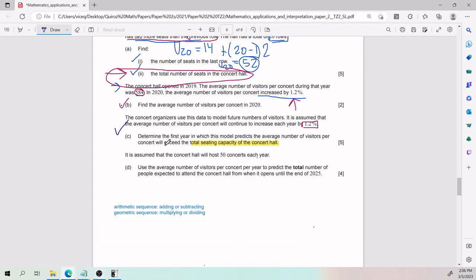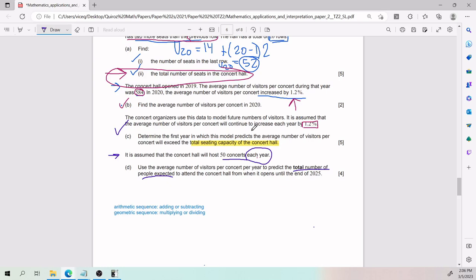Alright, and now for part D, they tell us that it is assumed that the concert hall will host 50 concerts each year. For part D, we need to use the average number of visitors per concert per year to predict the total number of people expected to attend the concert hall from when it opens until the end of 2025.